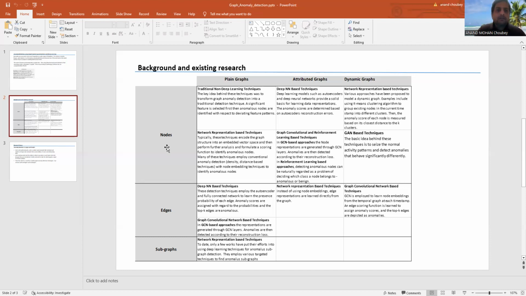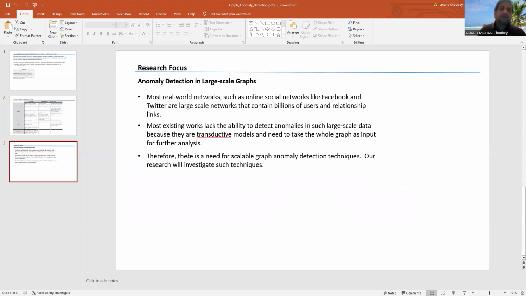In terms of our research area, we are primarily targeting anomaly detection in large scale graphs. As we know, most real world networks, such as online social networks like Facebook and Twitter, are large scale networks that contain billions of users and relationship links.